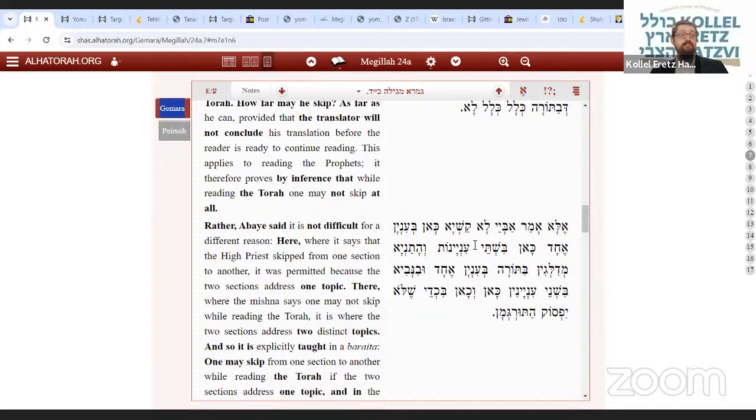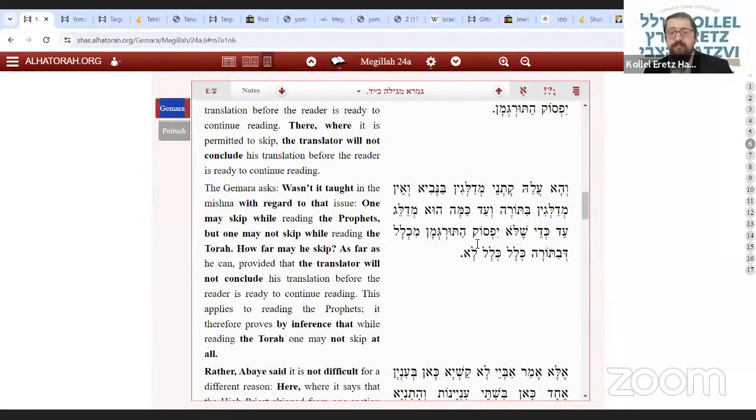If it will take up time, then you cannot skip around from place to place. Nowadays, everything is printed. You could just have printed whatever you're reading, and that's just fine. You could even have psukim of Torah from a different chapter, a different book. Not a problem.